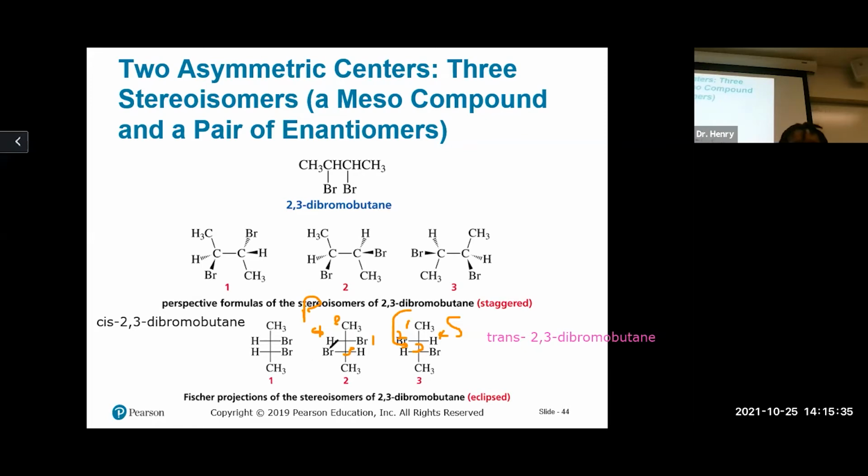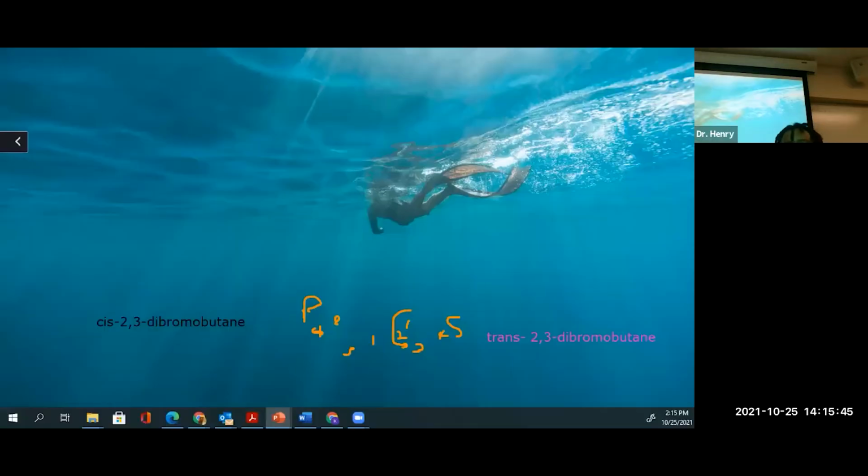So remember, let me go to the slide that shows that. Give me 1 second. Let me find that slide. In the Fisher projection, the H dash is part of the default of the Fisher projection, right?